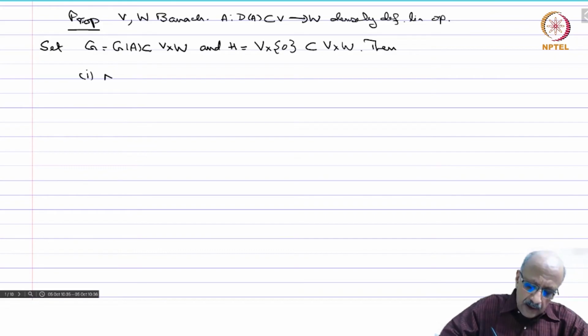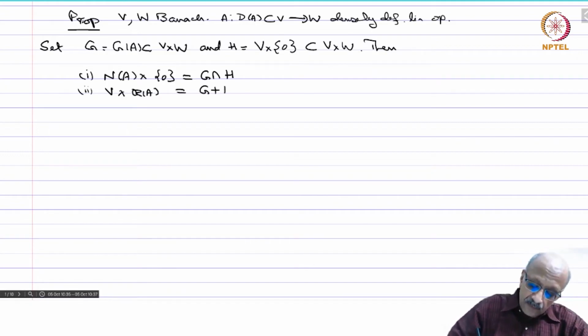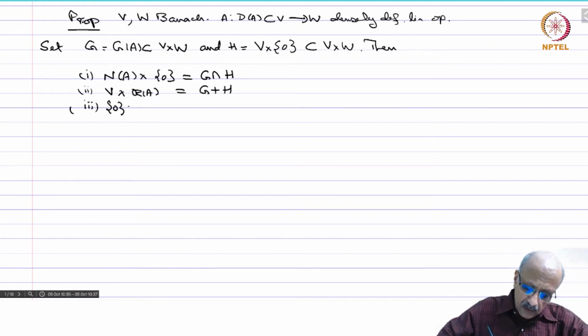Okay, then 1: N of A cross 0 equals G intersection H. 2: V cross the range of A equals G plus H. 3: 0 cross N of A star equals G perp intersection H perp.